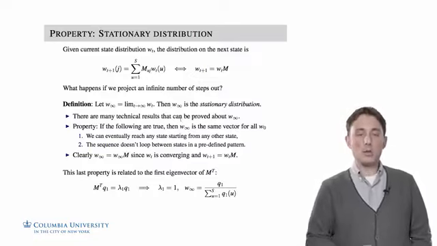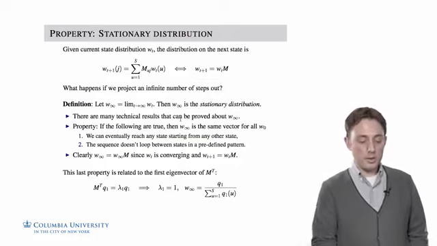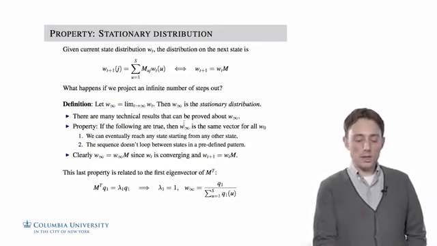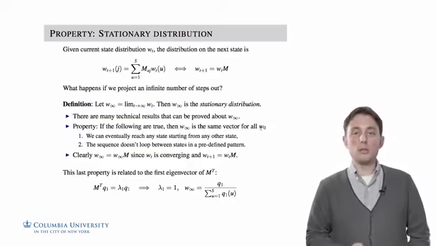There are many technical results that can be proven about this. We're just going to recite a couple of properties. If the following two conditions are true, then the important thing to know is that this w infinity will be the same vector no matter where I start out.